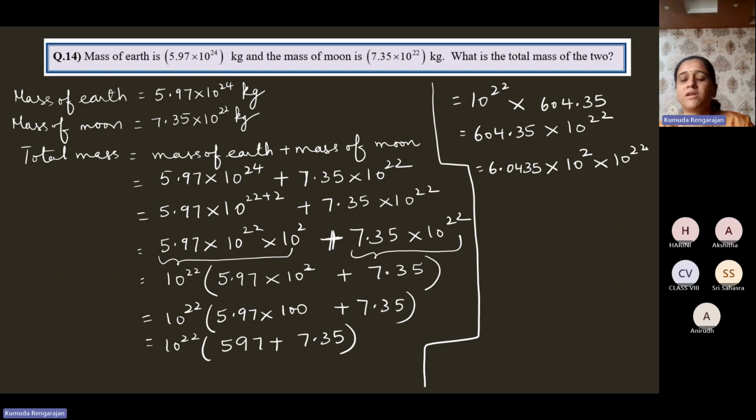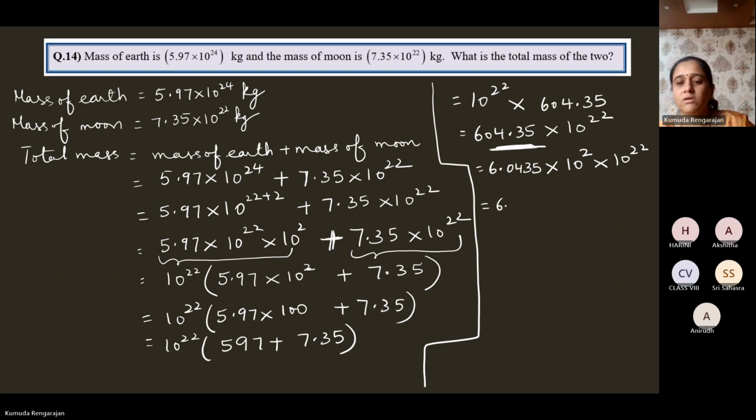You cannot change the order and write. It's 6.0435 because you need to write this number in the standard form. So 6.0435 into 10 squared is the standard way of expressing this number. Then into 10 to the power 22.